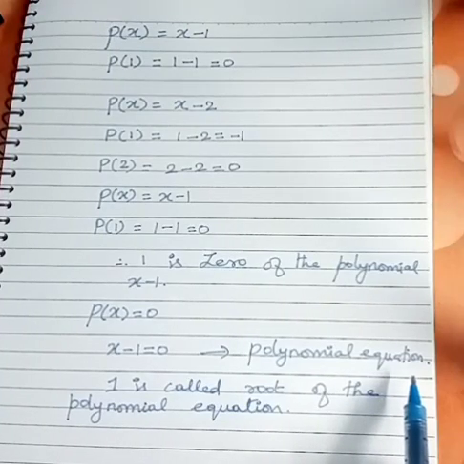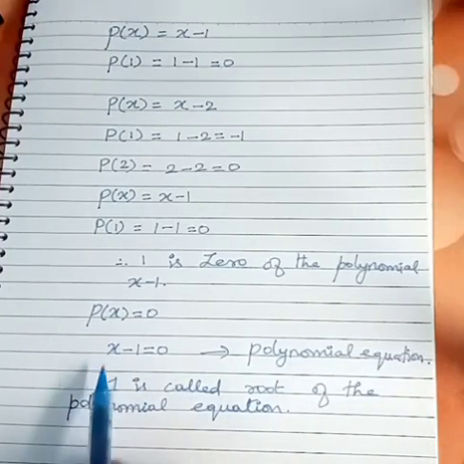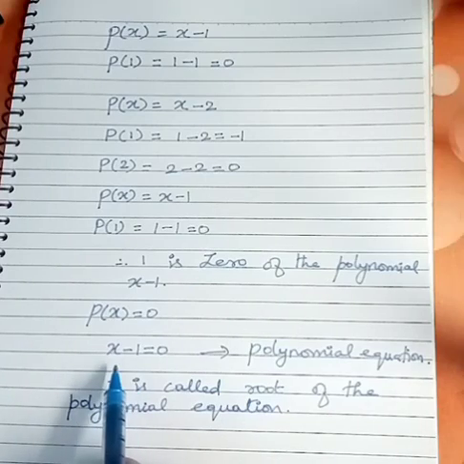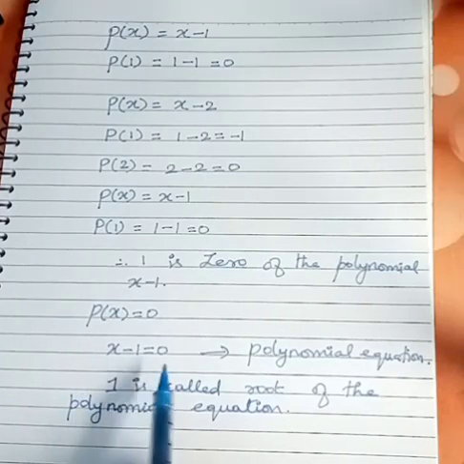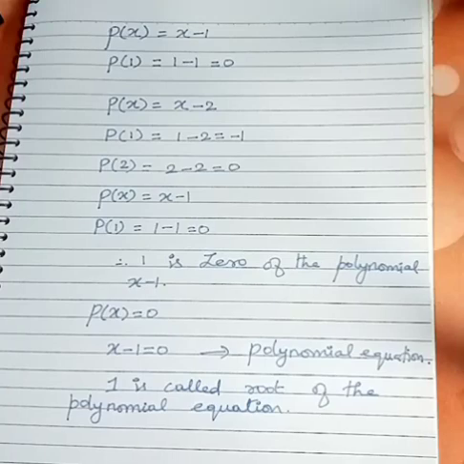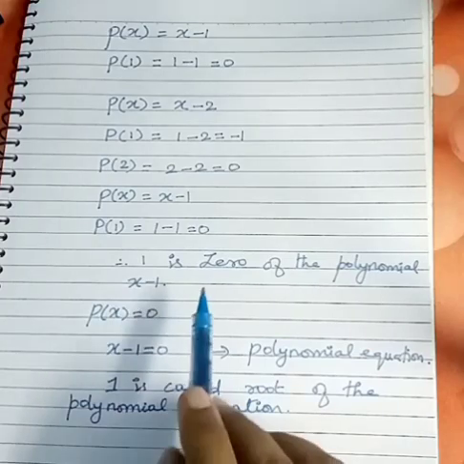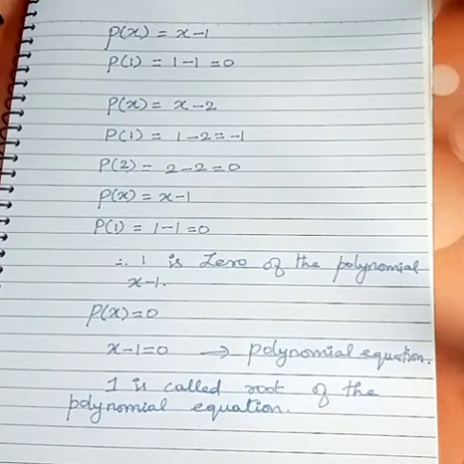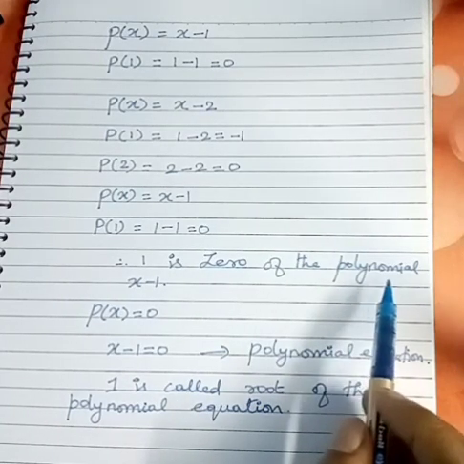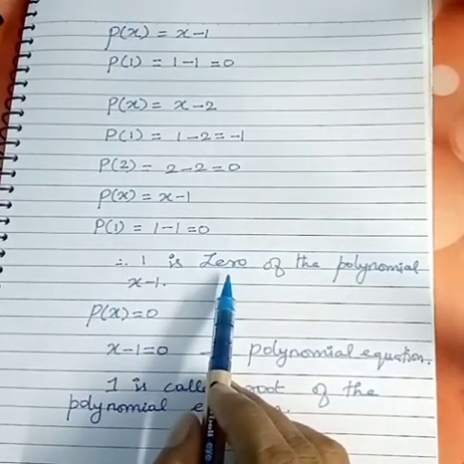Okay, so for a polynomial equation, the value of x which satisfies the given polynomial equation is called the root of the polynomial equation. Zero and root have the same meaning, but we express the terms in different contexts. That means when we talk about a polynomial, we say it as zero.